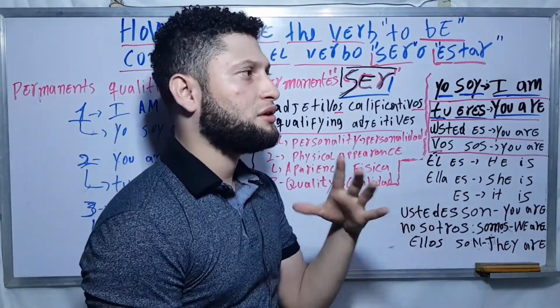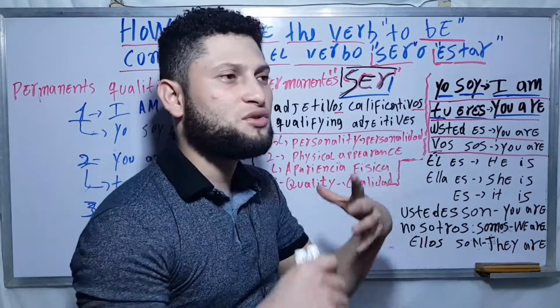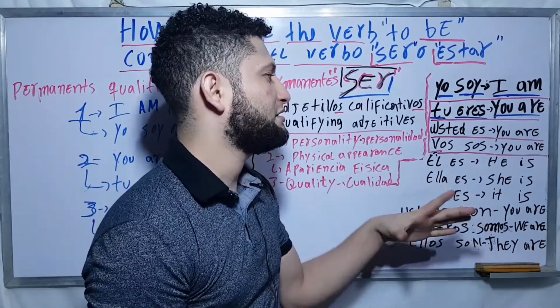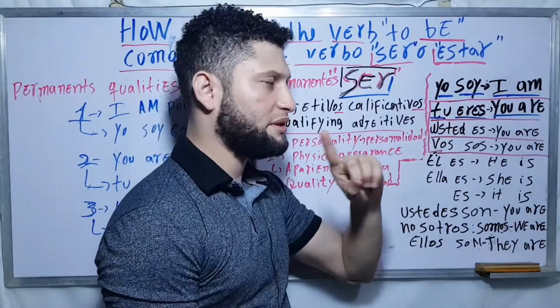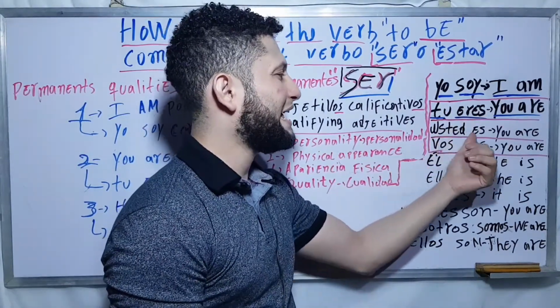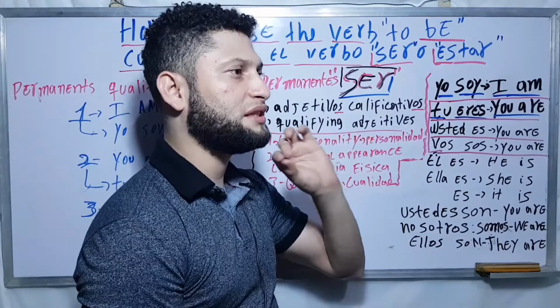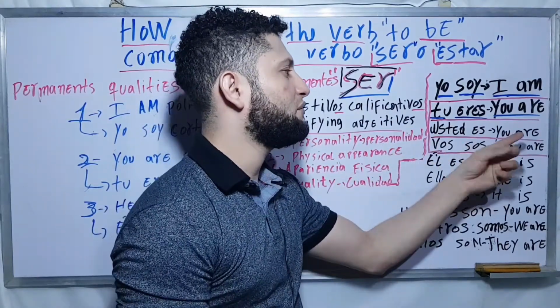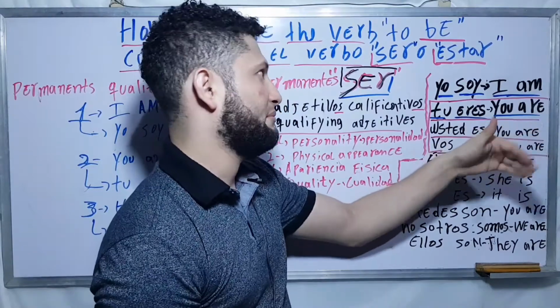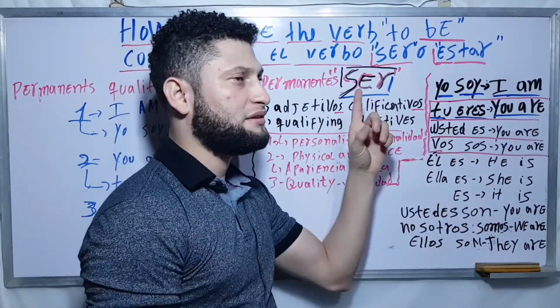It's not for saying you guys. It's only one person in singular. Tú eres, one person, you are. Usted es, one person, but the difference is in this case. So this is the conjugation for the verb be, or much better to say the verb ser.